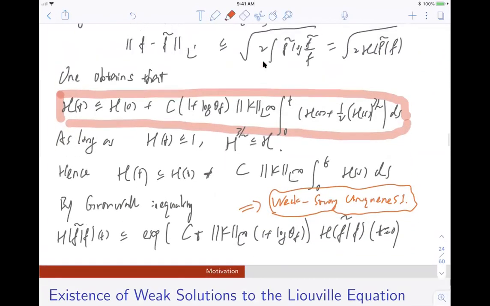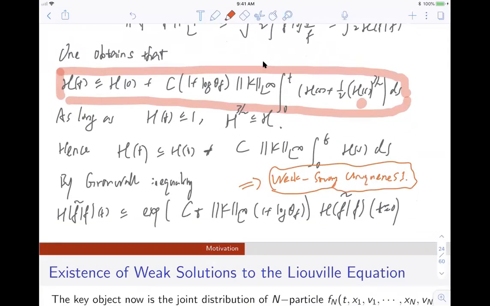Okay. So if we assume we're starting from the same initial data, or the initial distance between f tilde and f is very small, let's say h0 is less than 1, then the higher order term is smaller.